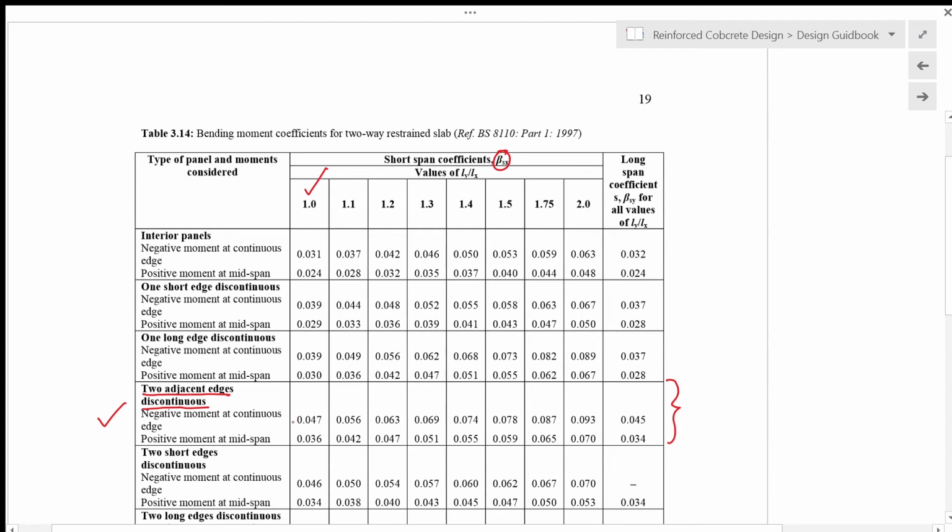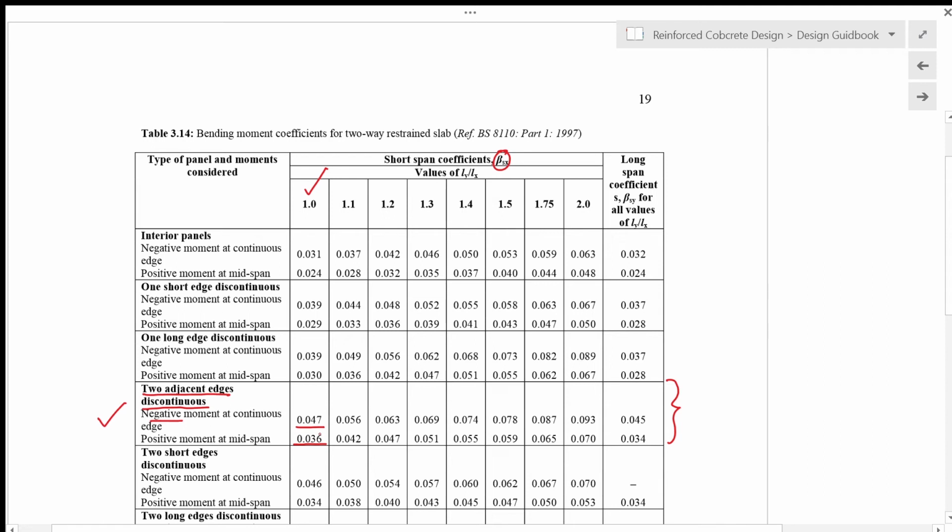is 0.047 for the negative moment at continuous edge. So for position 1, beta Sx is 0.047. And then for position number 2, we have positive moment at midspan, so the beta Sx value is 0.036.